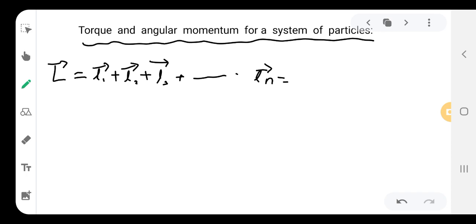So this is the summation from i equal to 1 to n of Li vector.